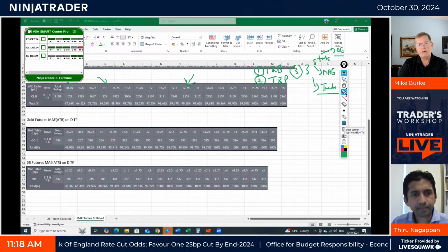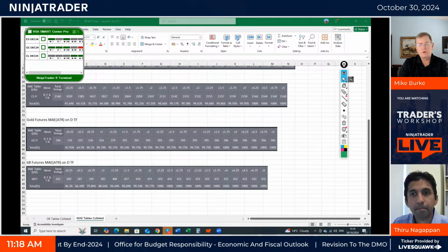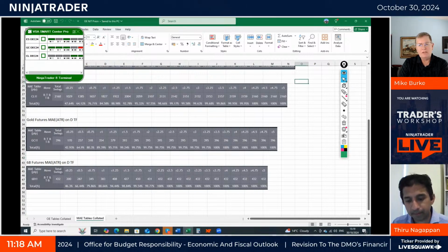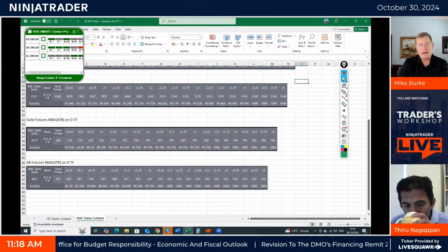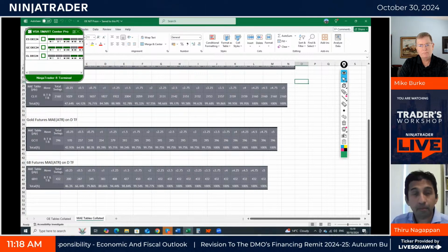Just a quick question there on the MAE, maximum adverse excursion. Excursion, absolutely. So to that, is that maximum adverse excursion measured from the high and low, the swing highs and lows, or is it measured from the confirmation? Very good question.